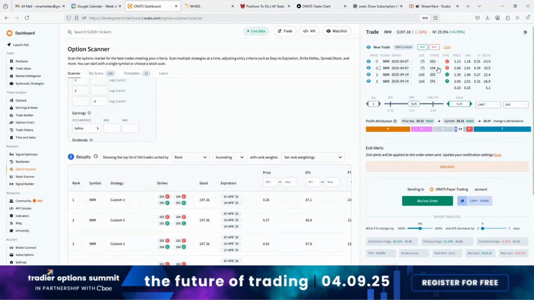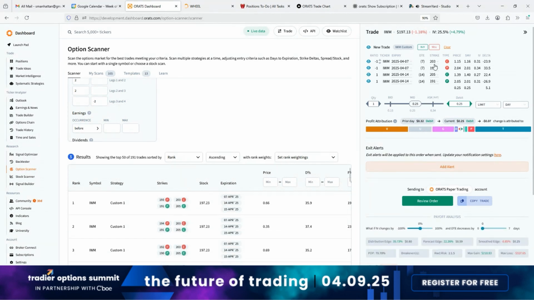So if it goes way up, I know I'm going to lose. So if it goes to 210, the 205s and 203s are going to be 100 delta basically. And since we're short the lower strike, we're going to lose the difference, the $200. And we're not getting credit. So we're paying. So we lose $200 plus the $25.